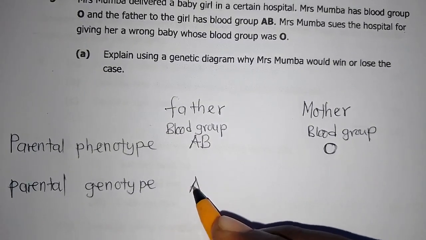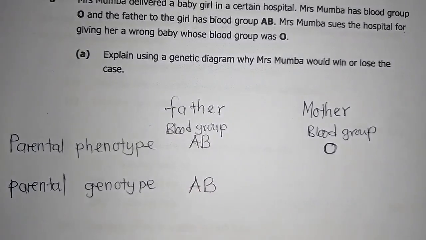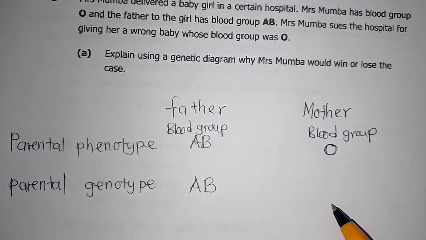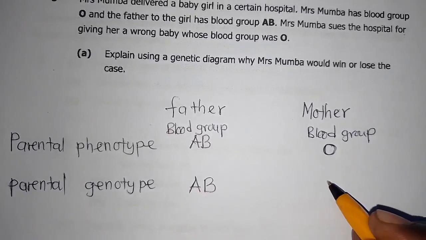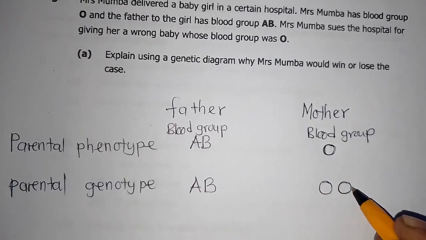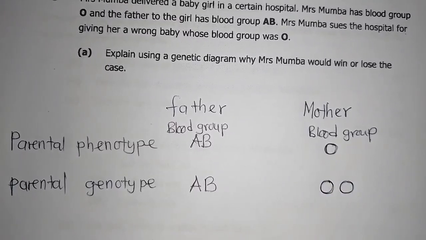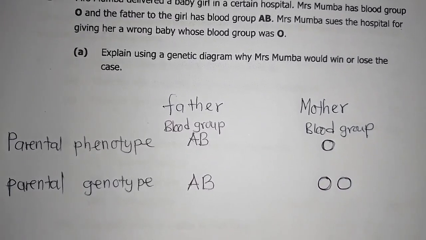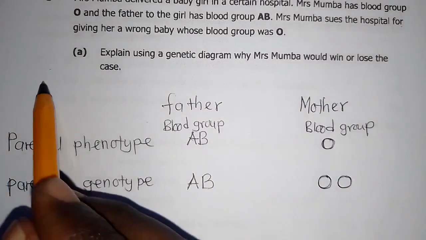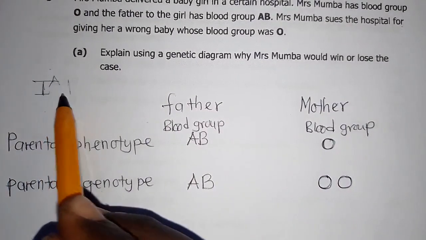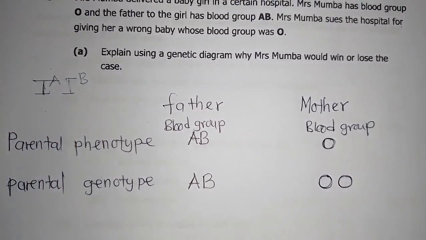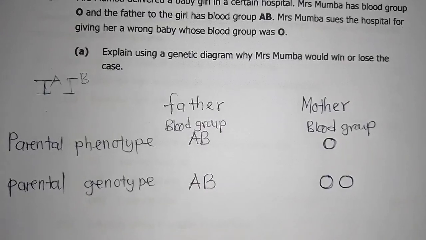Blood group O, I'm going to put OO. We get to answer this question in two ways. If you are used to the other way, it is one and the same, you will still get the same answer.